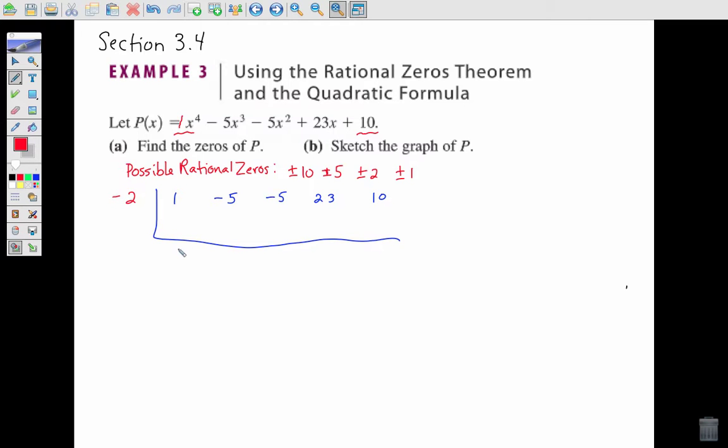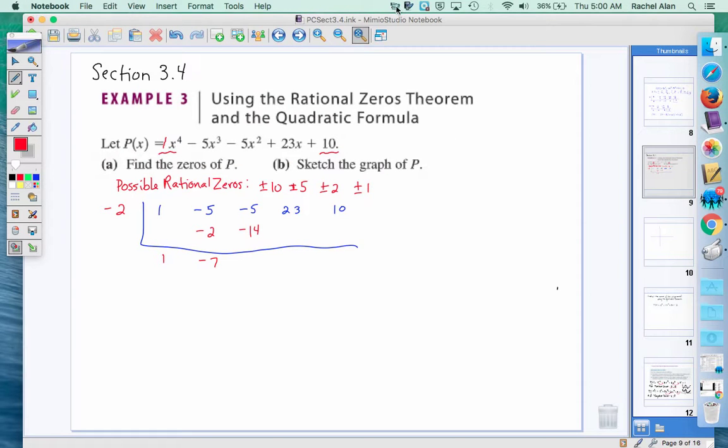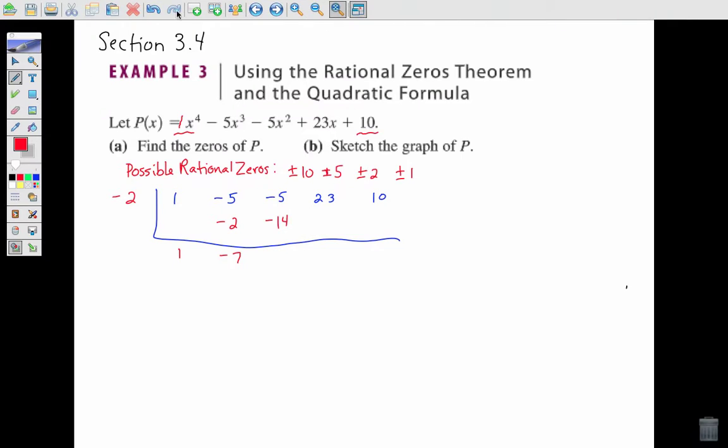Let's try -2. Oops, mistake. Sorry, -7 times -2 is +14.